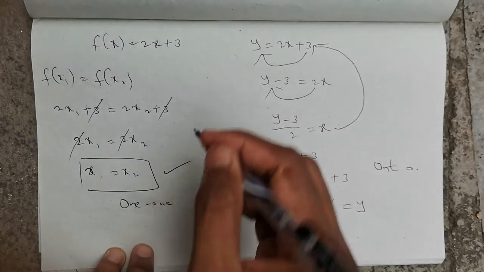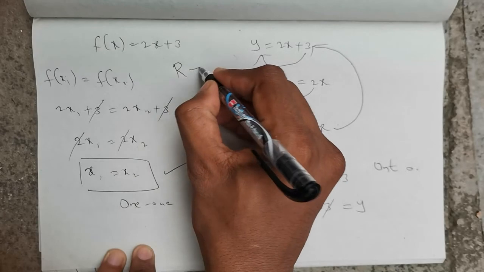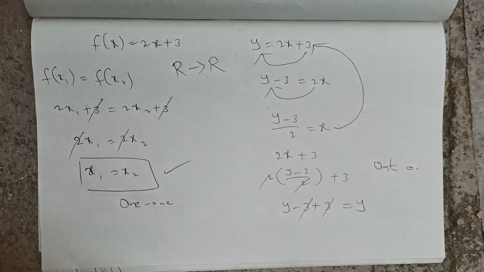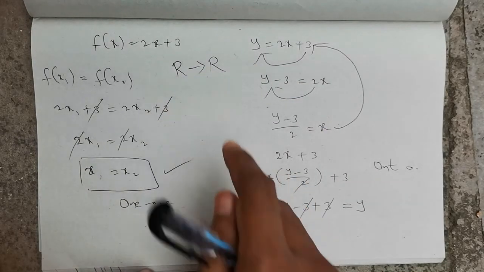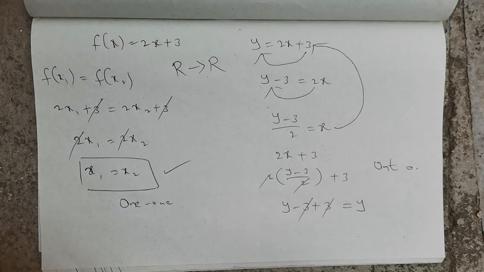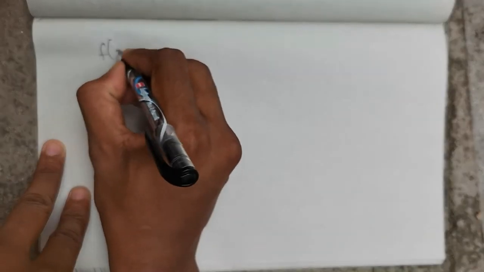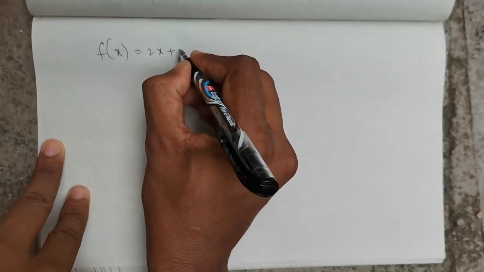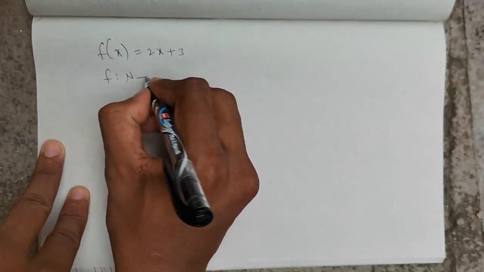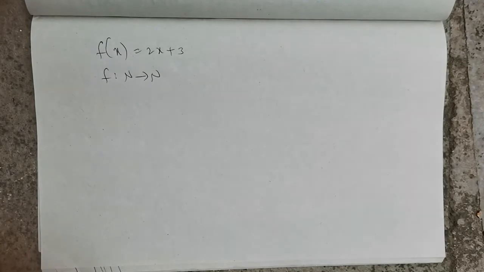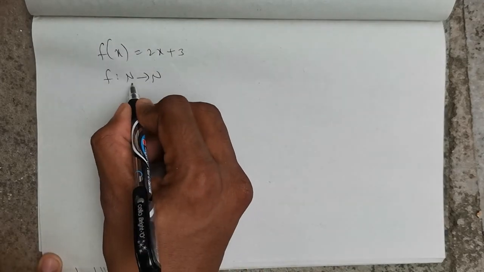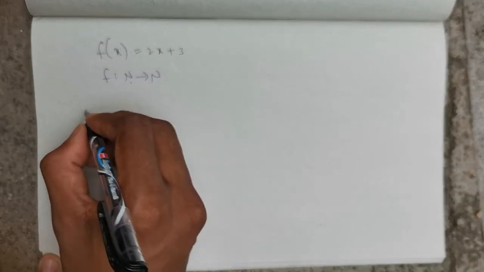Okay, so till now what we discussed is from R to R. Now for the same function, I will change R to R into N to N. Let us check that. f(x) = 2x + 3 and f is a function from N to N. Let us check whether it is one-one as well as onto or not. From N only, so I am substituting numbers.